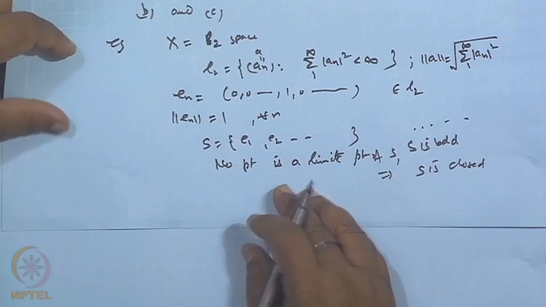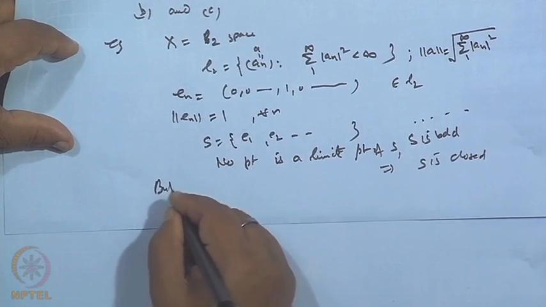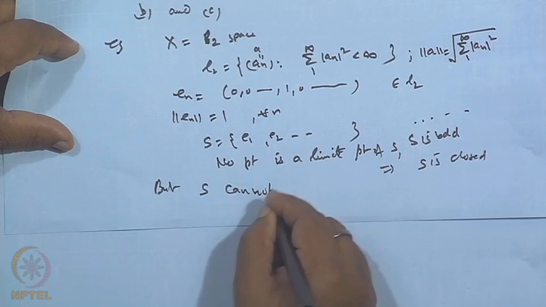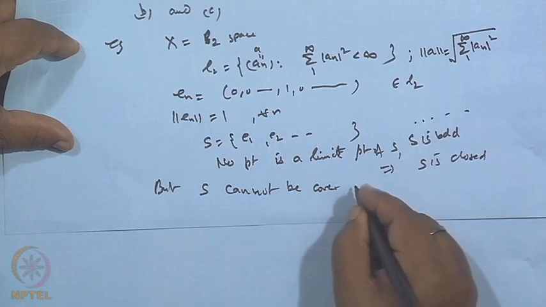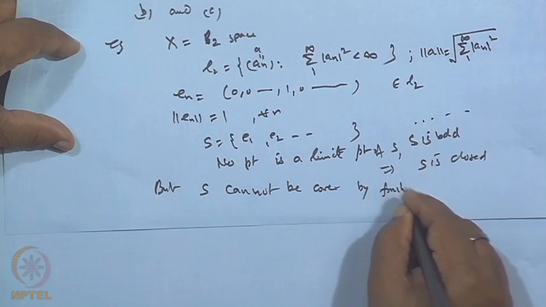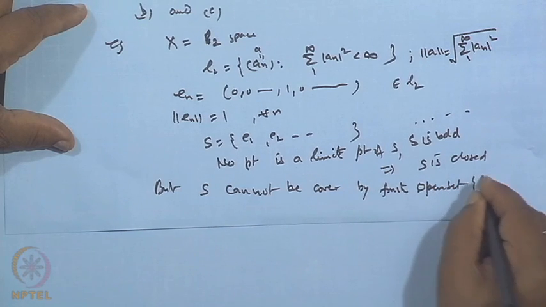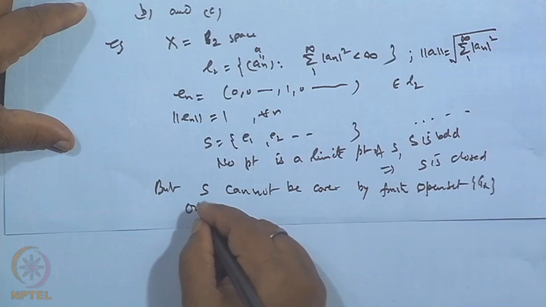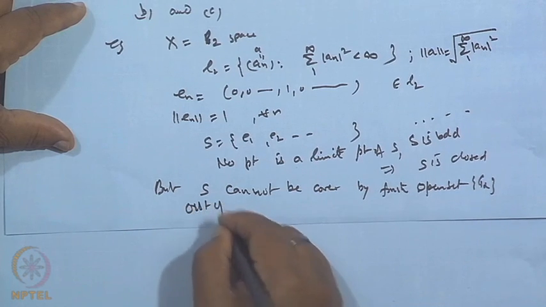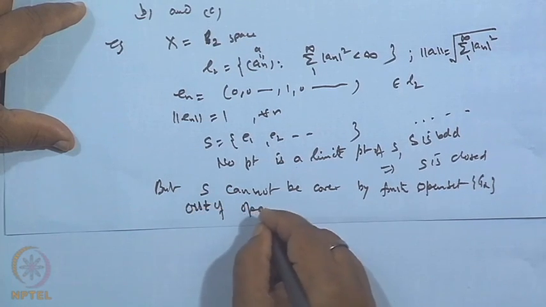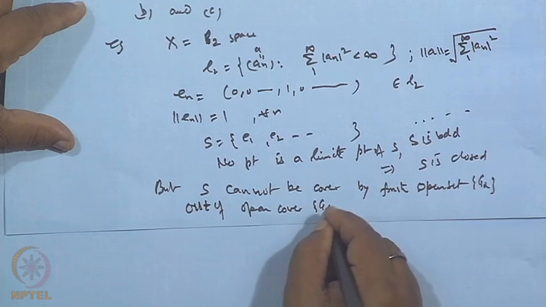So, it is a closed set, but it is an infinite set. So we cannot cover it by means of a finite subcover. S cannot be covered by finite open sets G alpha out of an open cover G alpha.